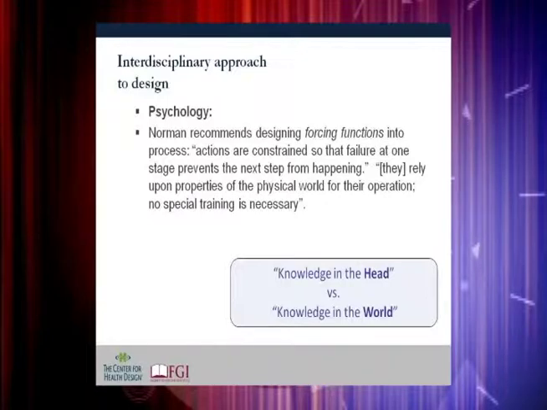He says, actions are constrained so that failure at one stage prevents the next stage from happening. They rely upon properties of the physical world for their operation. No special training is necessary, and he differentiates between knowledge in the head and knowledge in the world. And he recommends knowledge in the world. That is putting artifacts into the process by the act of design that keep things from going wrong.